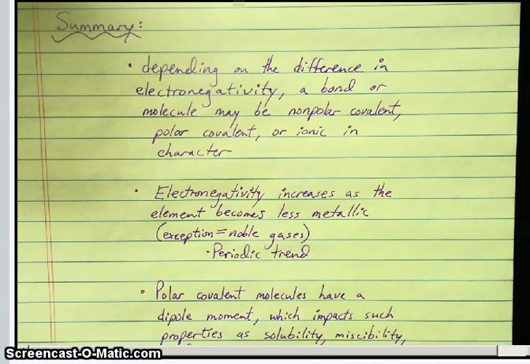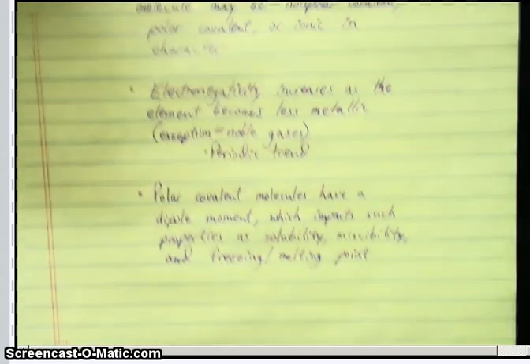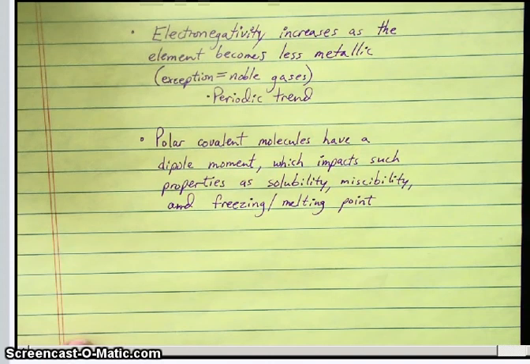So in summary, depending on the difference in electronegativity, a bond or molecule may be nonpolar covalent, polar covalent, or ionic in character. So we can use the electronegativity table to help us make a prediction on that. We can also say that as an element becomes less metallic, meaning it takes on a higher ionization energy, the electronegativity also increases.